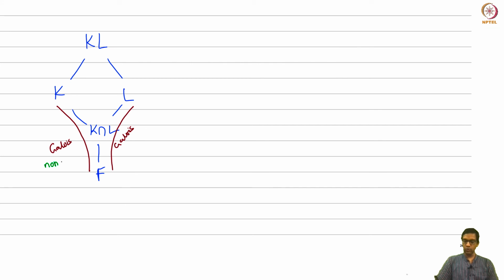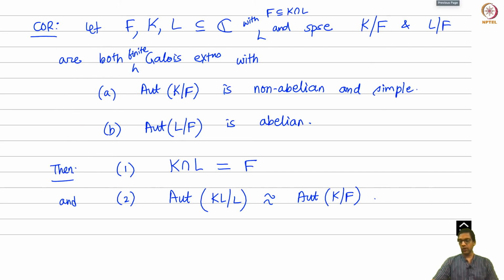The Galois group is non-abelian simple, whereas on the other side it's abelian. So if you have this behavior, then the theorem says that K intersection L cannot be anything other than F itself. And the second part of the theorem, observe, is a corollary to the first one.